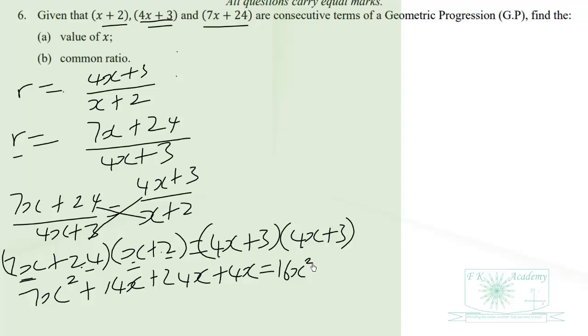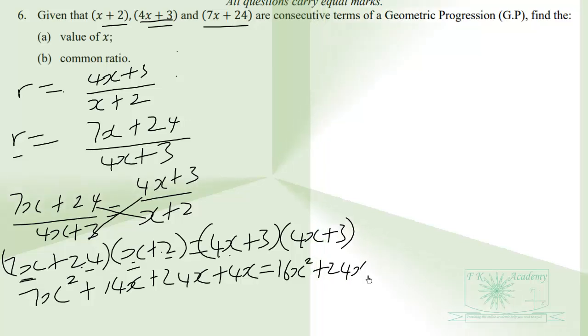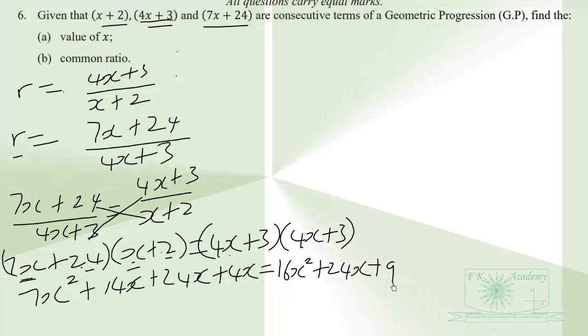Then we have this one here, giving us 2 times 3 times 4x, which is plus 24x. Then we have plus 9, which is 3 squared. So we applied the perfect square expansion there, and we had that.